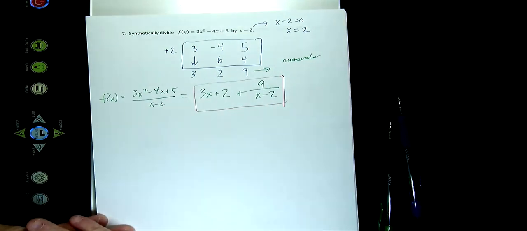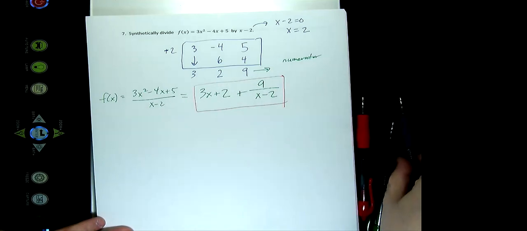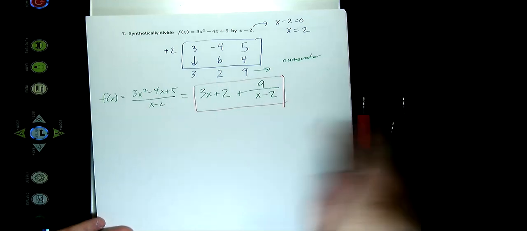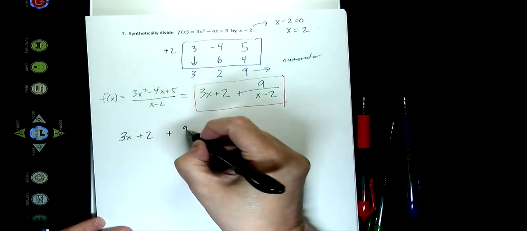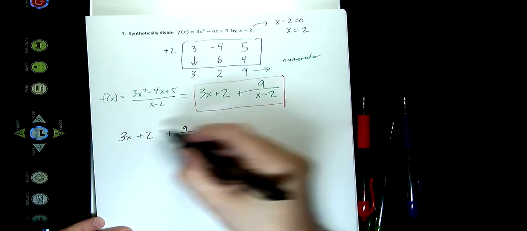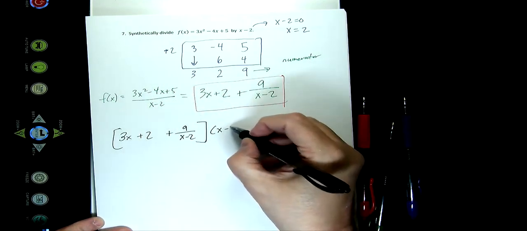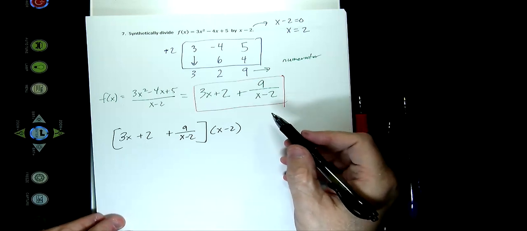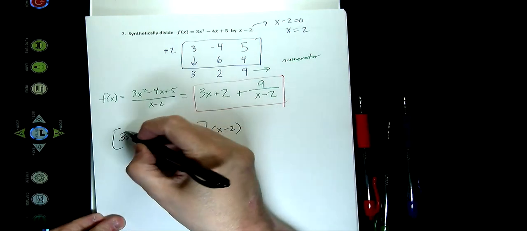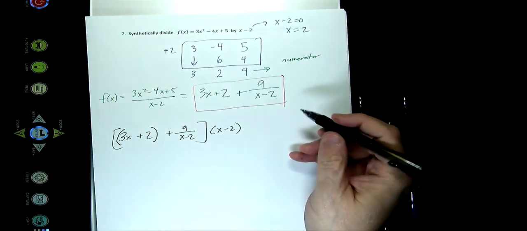How can I check this if I've got some time? If you want to check it, take your answer, 3x plus 2, and multiply it by that denominator, x minus 2. I'm going to put this in parentheses because I think it's a little easier to do it that way at first.